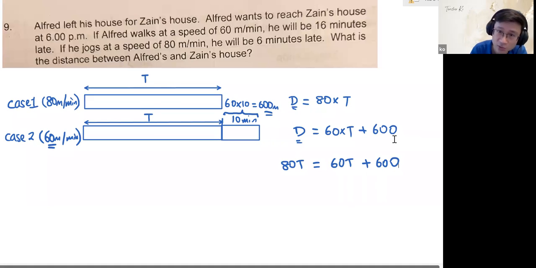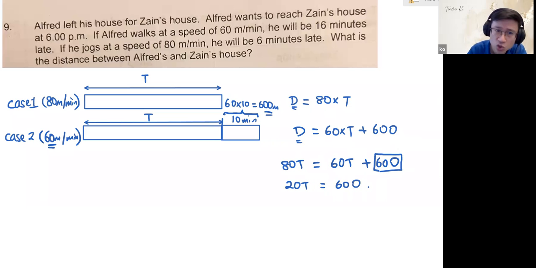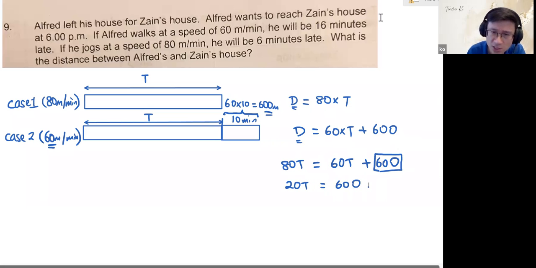And then you can see that 600 is equal to 20t. Why is 600 meters equal to 20t?